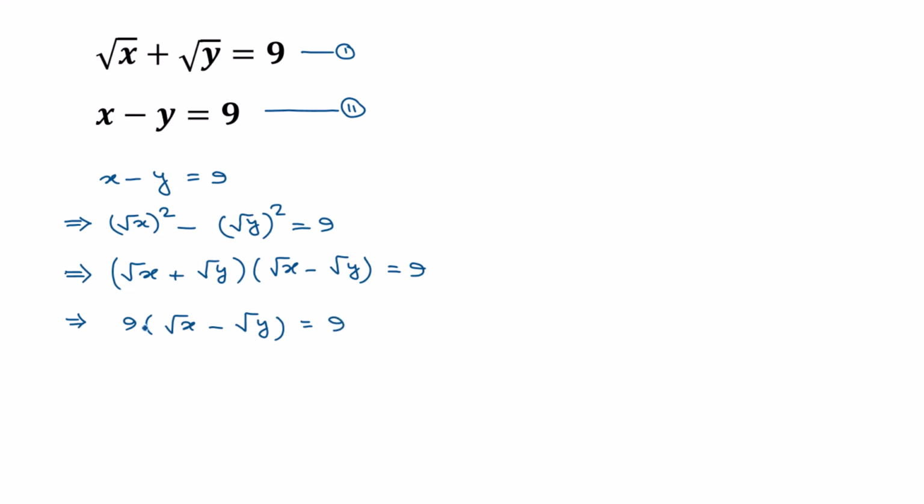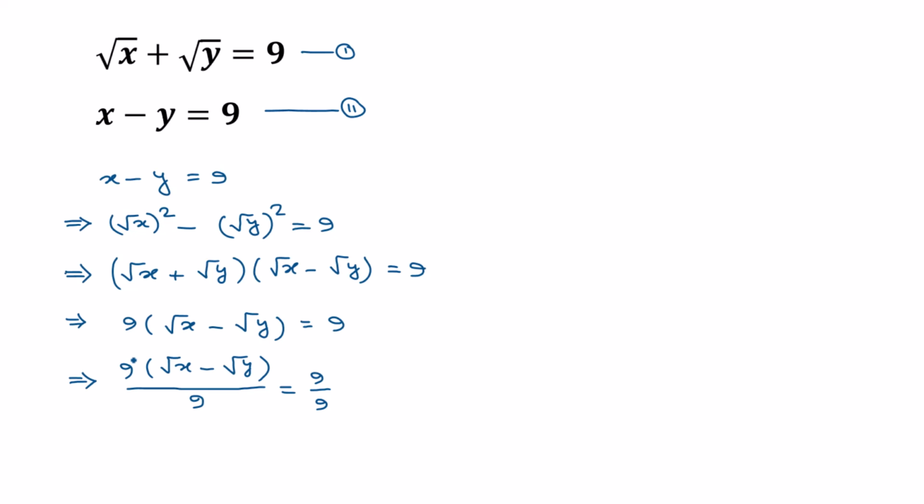Now dividing both sides by 9, we get on the left side 9 times square root of x minus square root of y divided by 9, is equal to 9 divided by 9.